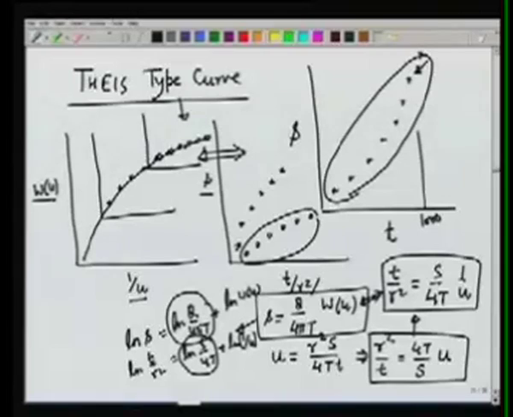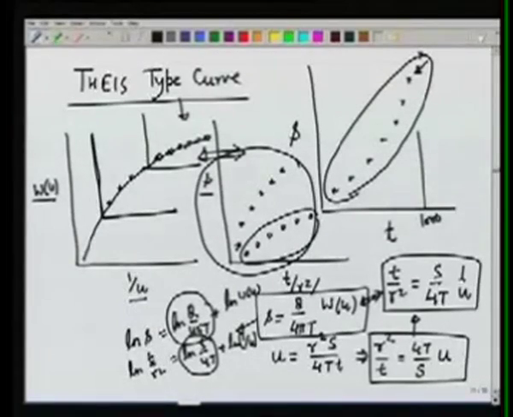So depending on the S versus T over R square data, the shifting of the axis will be different. This is known as the type curve matching, and this gives us a method of estimating the values of S and T.